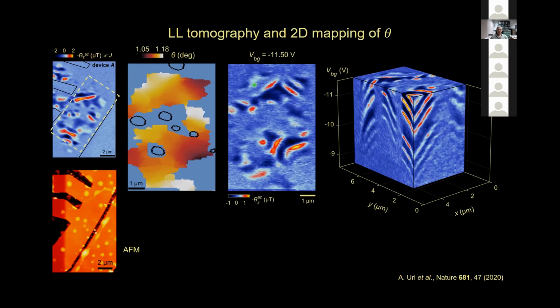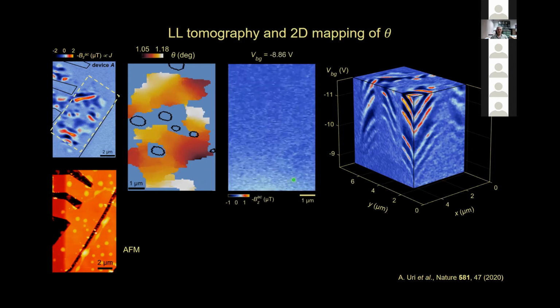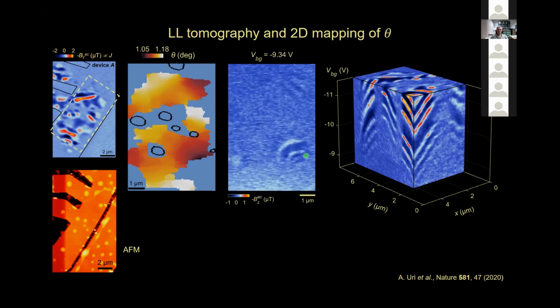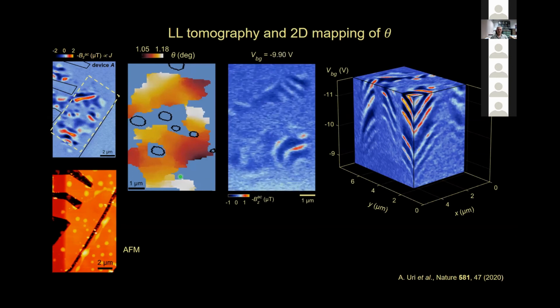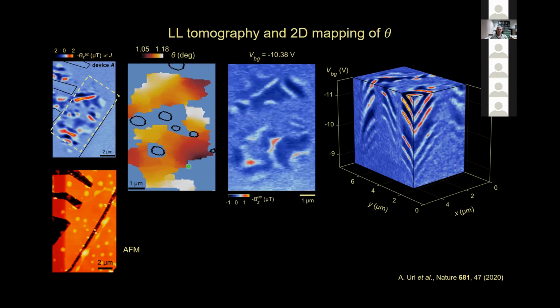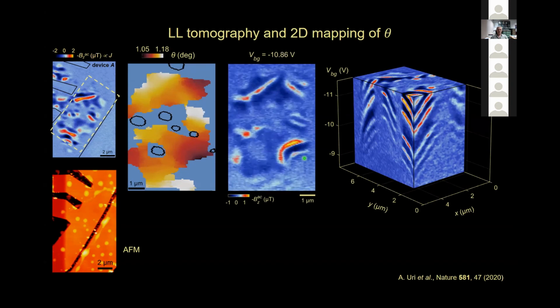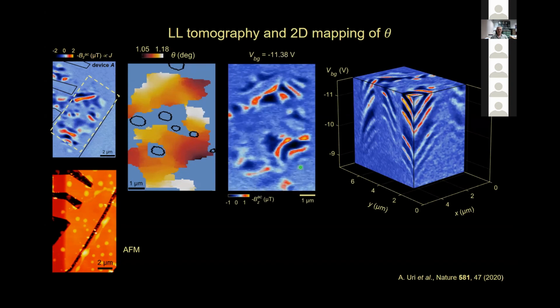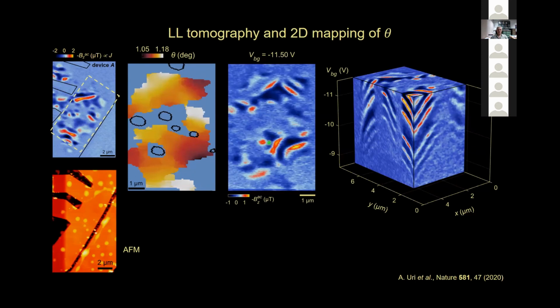So now we can look at this movie again and try to make sense of it. Let's first look at this part where we have a minimum, and we expect the Landau levels to climb up this landscape. So you will see Landau levels forming here and forming these arcs, which are equipotential lines, equi-theta lines for the Landau levels, and you see how they climb and new ones are formed at the bottom and expand upwards.